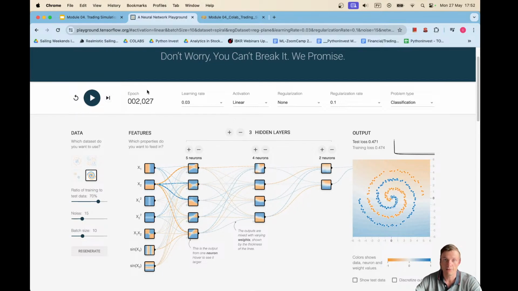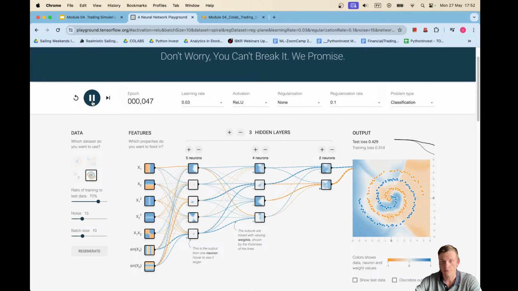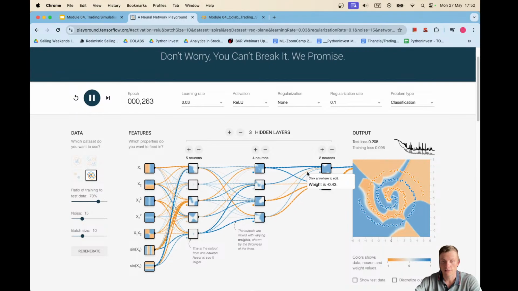But if you change the activation to ReLU, what is called a non-linear feature of a neural network, it can learn relatively well, and it can predict the correct classes in many of the cases.